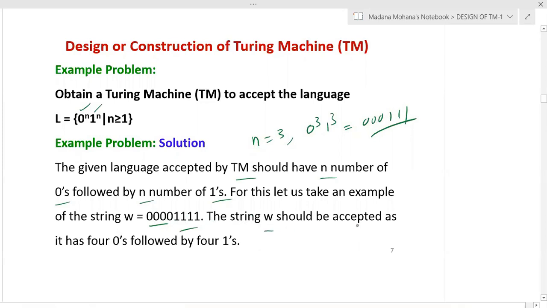The string w should be accepted, here for example, 4 zeros followed by 4 ones. Whatever you take, preferably take a medium-length string. Don't take too long or too short a string. Take a medium range, then our design will be more effective.